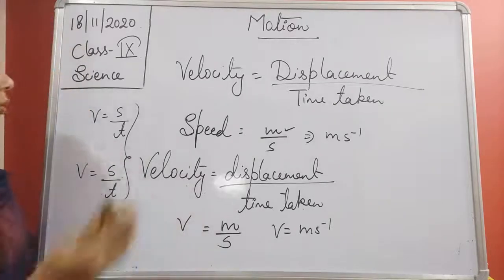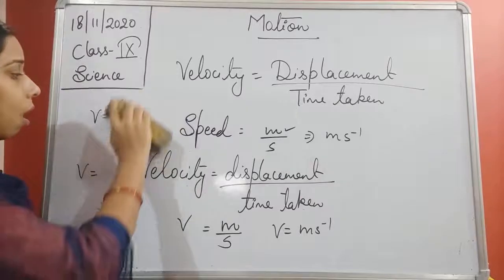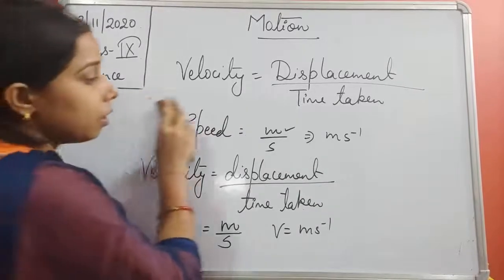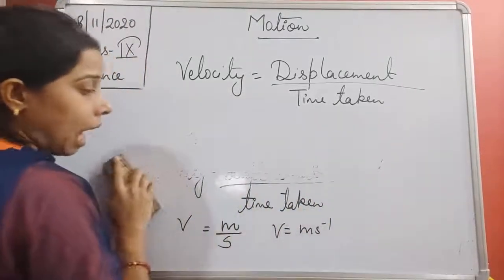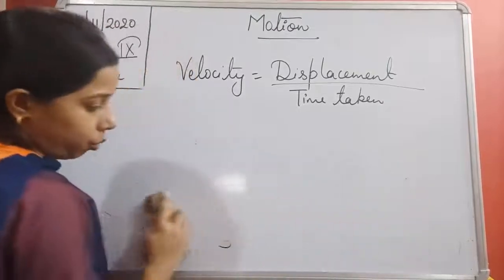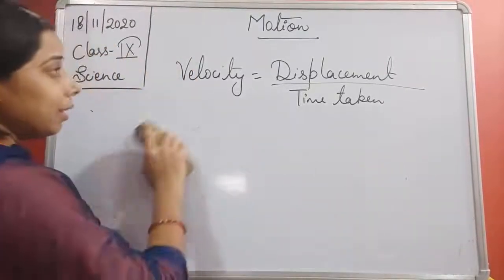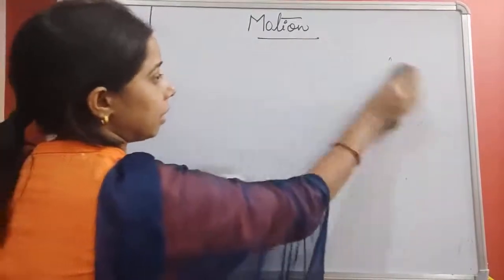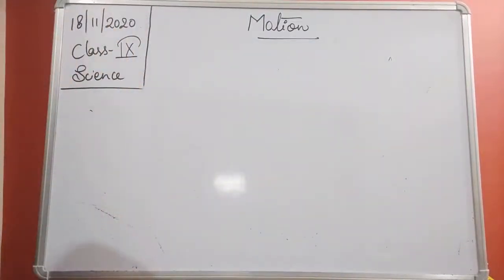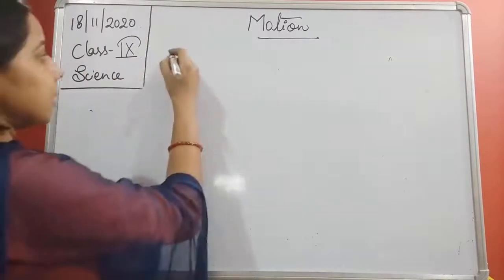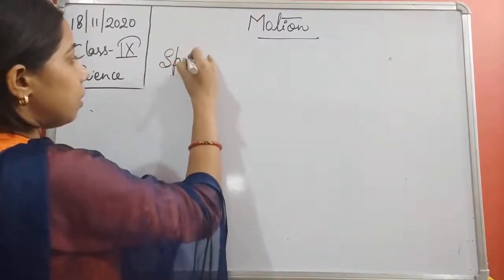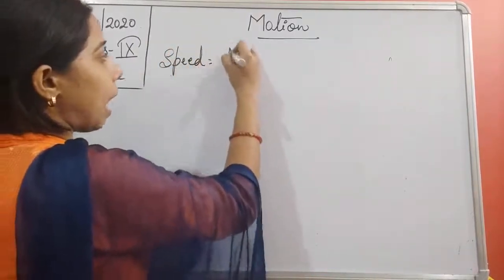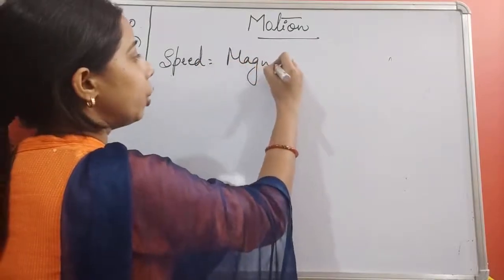Now you can see here, students, if we talk in case of speed, speed has only magnitude and it does not show the direction, right? In case of speed, we have written one thing, that speed is having magnitude only.